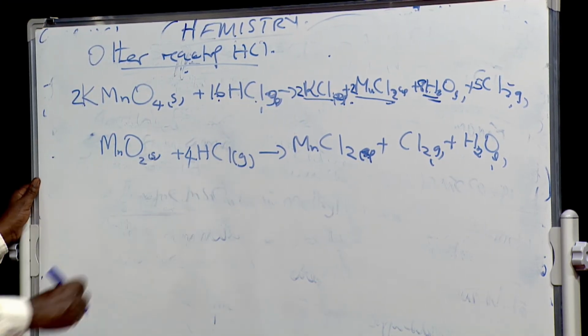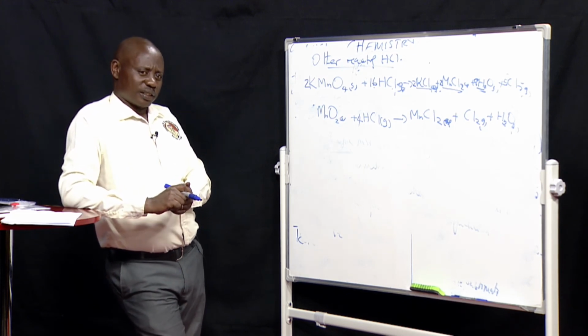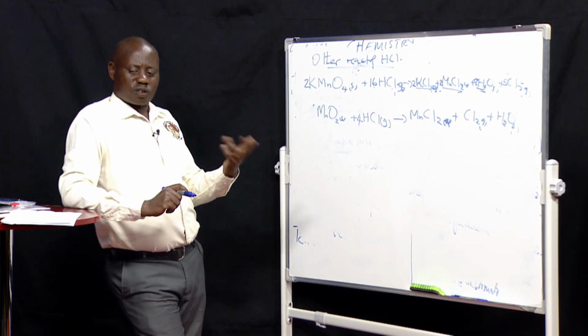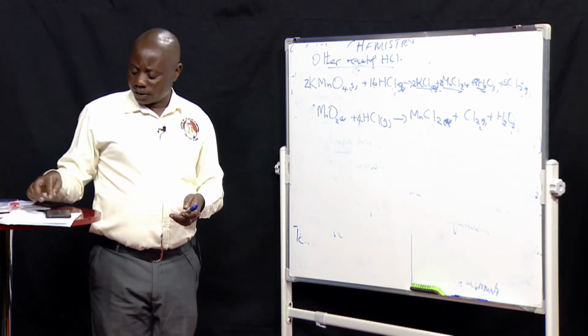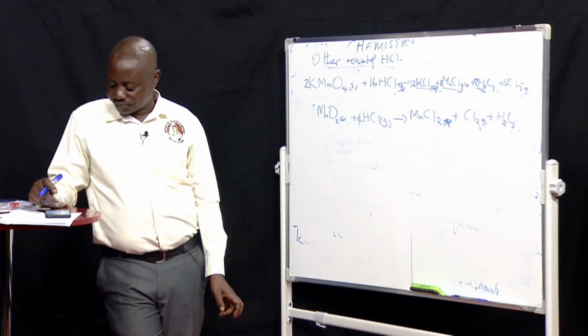And in this case, we put 4 there. Those are other reactions of hydrogen chloride. It is a reduction reaction.